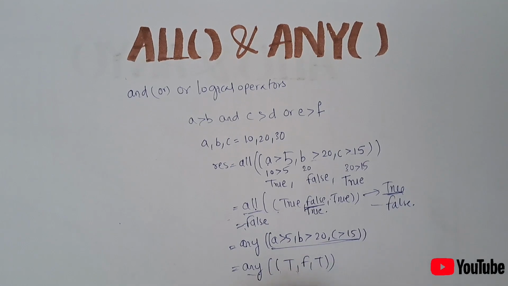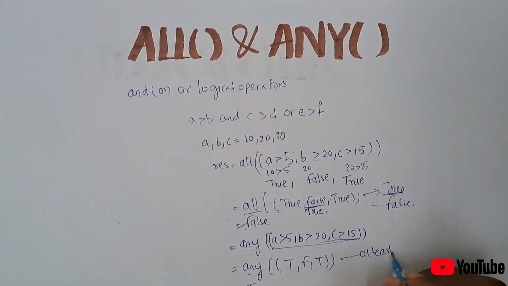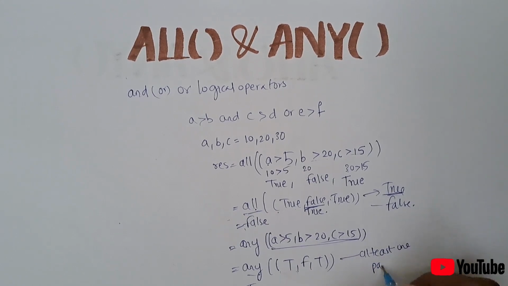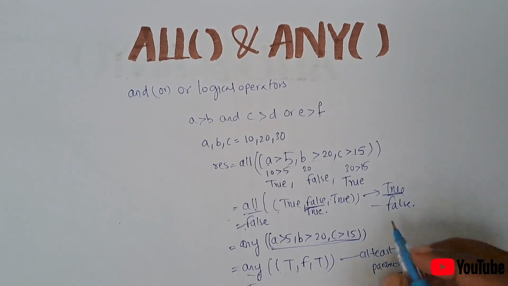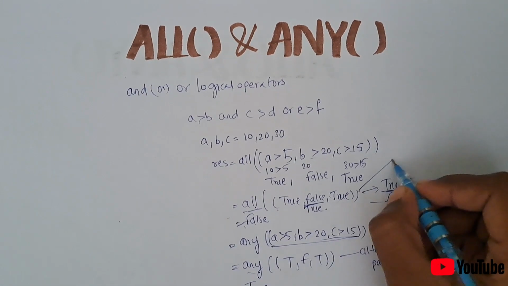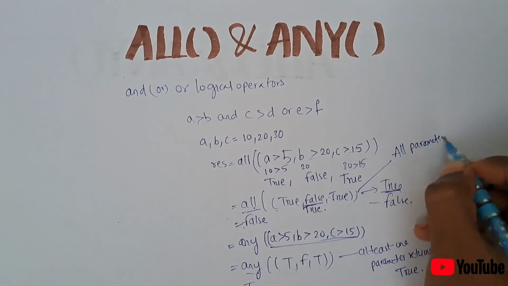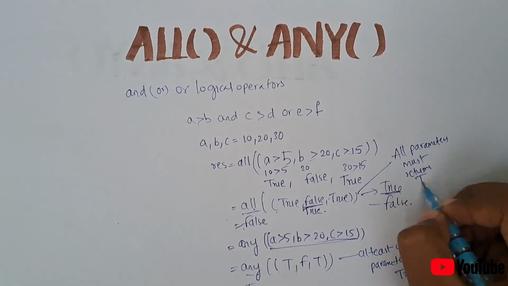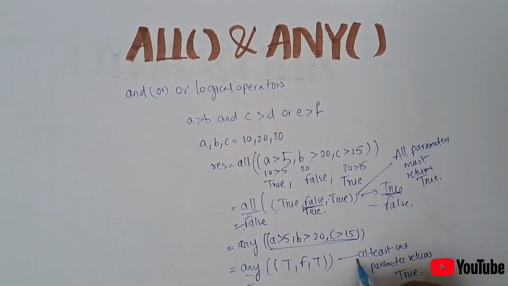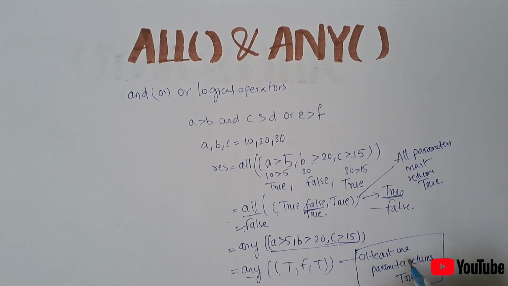Then definitely this will return true because at least one parameter returns true. But coming to the all function, all parameters must return true, then only it will return true. The any function will return true in case of at least one parameter.